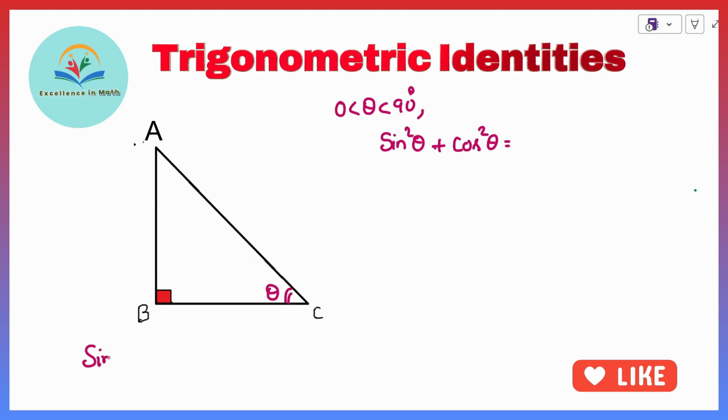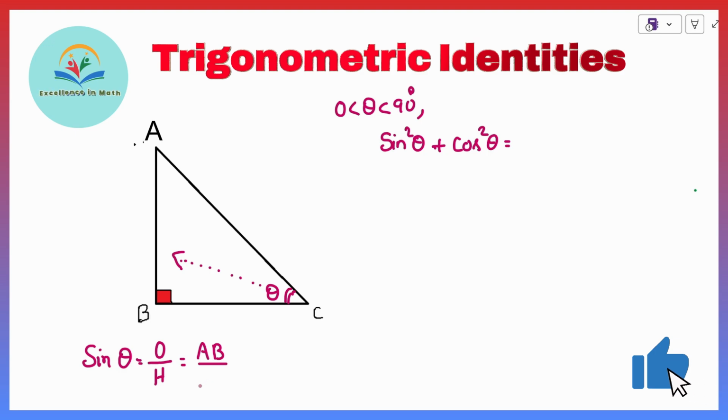We know that the trigonometric sine always refers to the opposite side by the hypotenuse, right? So what is the opposite side to this theta? The side opposite to theta is AB, isn't it? So I can write sin theta as AB by the hypotenuse AC. In a right angle triangle, the opposite and the adjacent sides are based on the acute angle, right? But the hypotenuse is the same. Perfect.